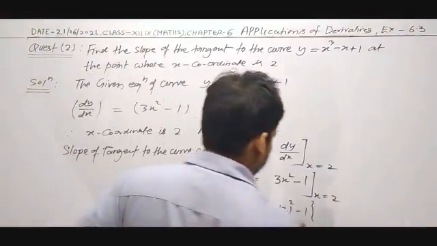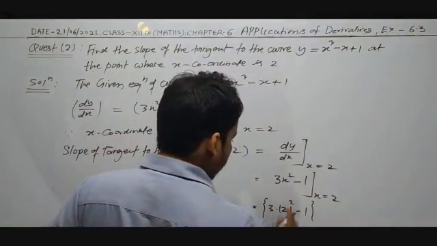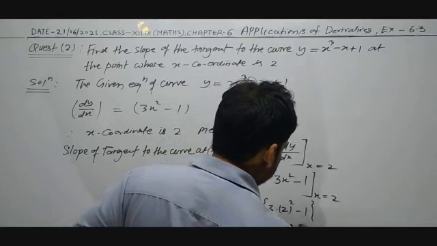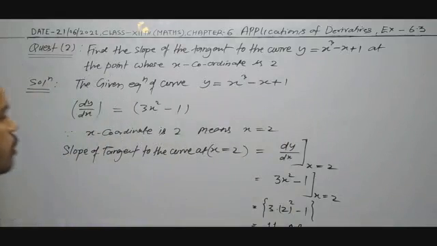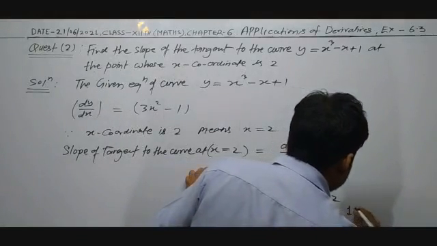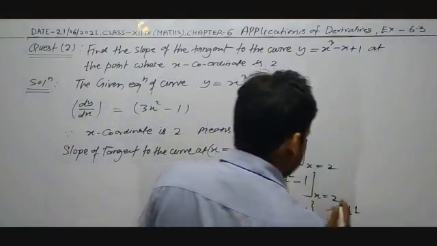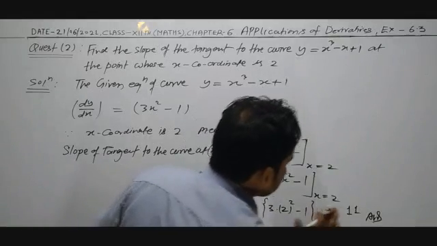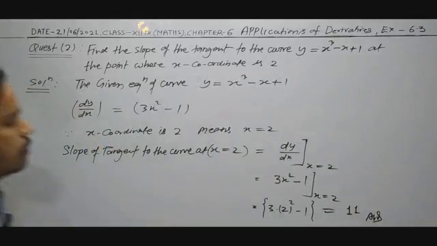When you calculate the result, you will get 3 4s are 12 minus 1, that is 11. So 11 is the answer for the slope of the tangent to the curve at x is equal to 2. So this is the answer.